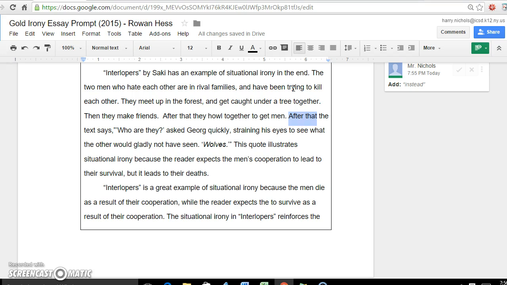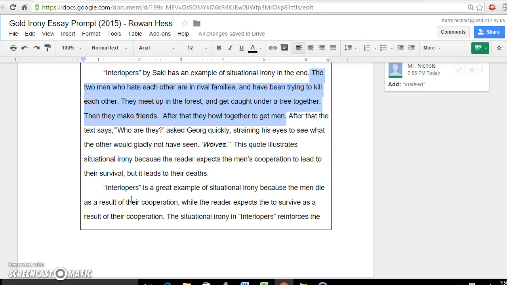And then you can say after that the text says, and then you can have who are they? Asked George, quickly straining his eyes to see what the other would gladly not have seen. Wolves, right? And then otherwise that would be really fine. So you're going to want to think about seriously revising all of this summary that you've got to just reflect what happens just before the ironic moment.